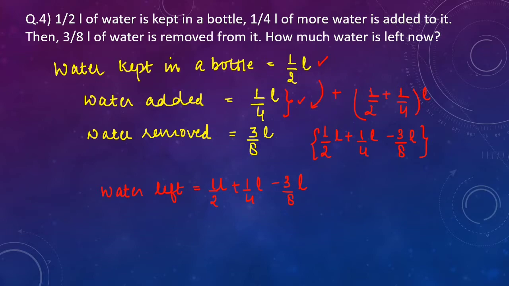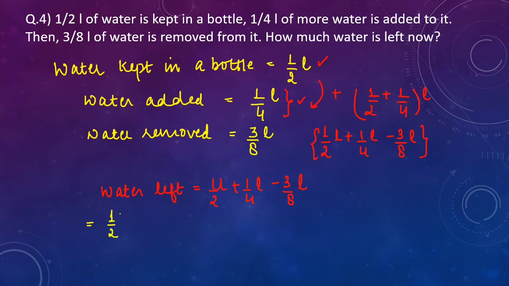So let us first convert all these three fractions into like fractions. We can see the denominators are 2, 4 and 8. 8 comes in the table of 2 and 4 both. So we will convert 1 upon 2 and 1 upon 4 into their equivalent fraction with denominator 8.